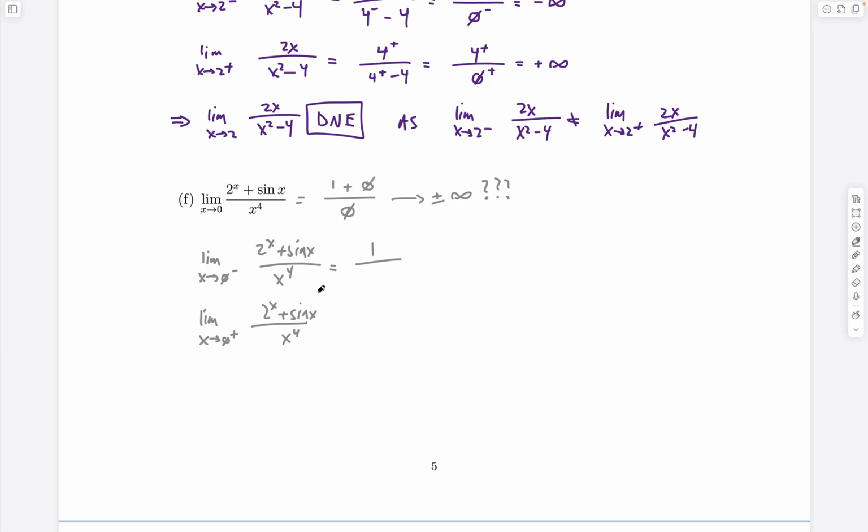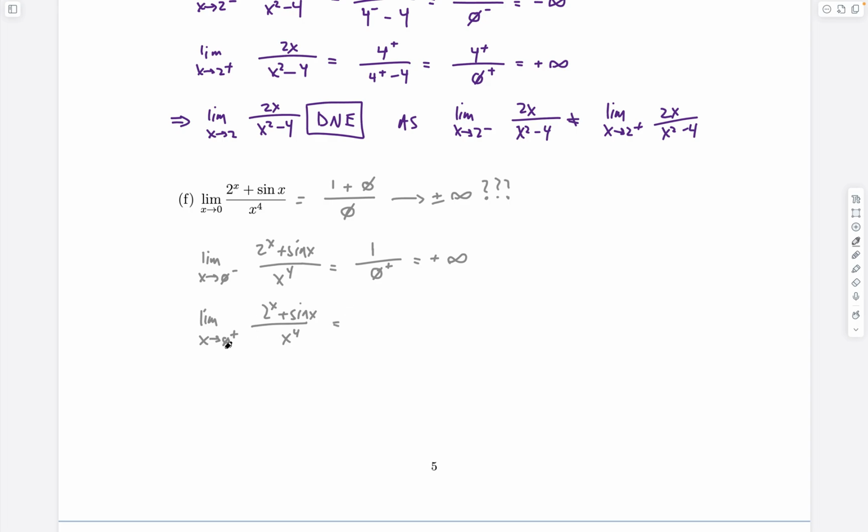We know raising any number to an even power would turn it positive, right? So the denominator would end up being 0, but a slightly positive 0, right? 0 from the positive direction. And so what that means is we end up getting positive infinity, right? So positive infinity.